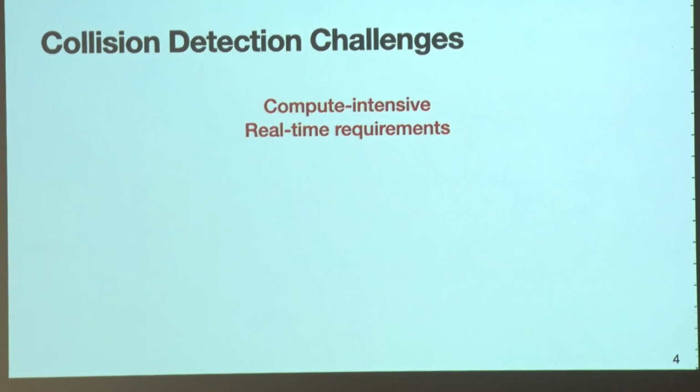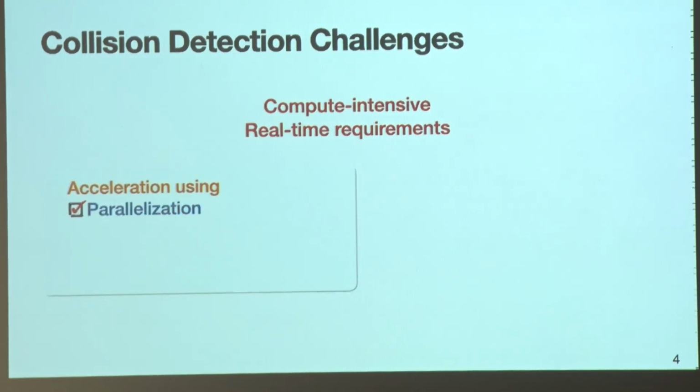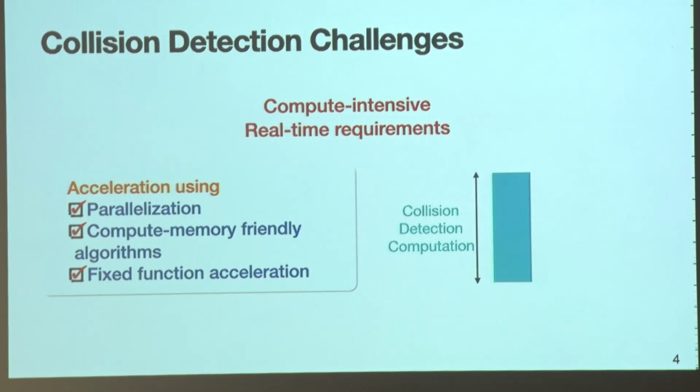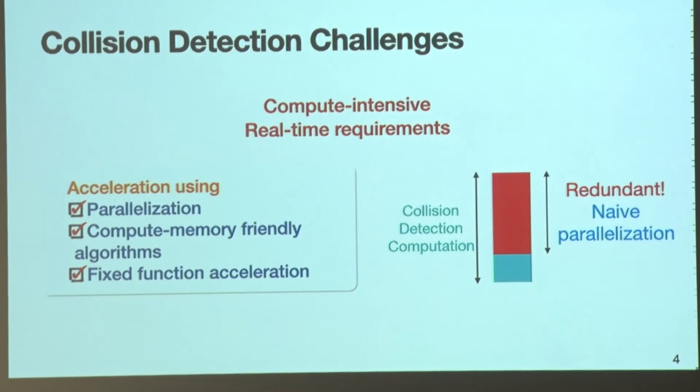And that's why several ASIC and GPU-based accelerators have been proposed that focus on parallelization, compute and memory-friendly algorithms, and fixed function acceleration. However, we find that in several of these approaches, a significant fraction of the computation is redundant.